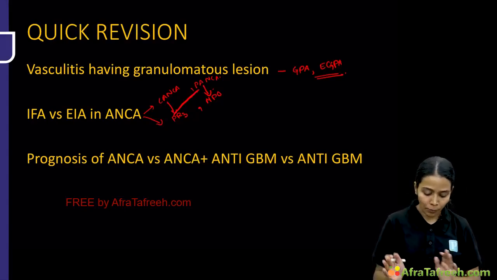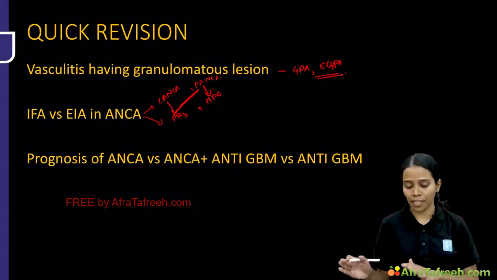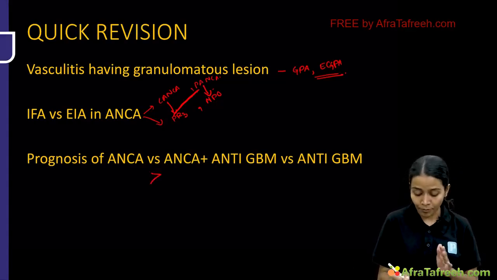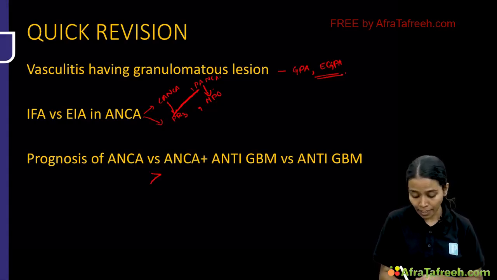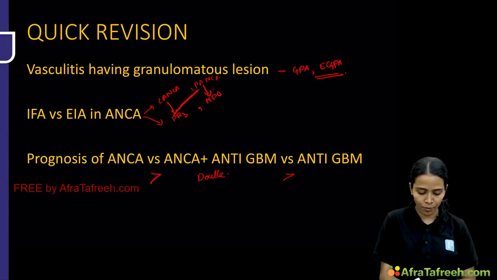Okay. Now prognosis of ANCA versus ANCA plus anti-GBM versus anti-GBM. We know ANCA is better than ANCA plus anti-GBM, and the outcome of ANCA plus anti-GBM, or the double positive disease, is better than anti-GBM. Okay.